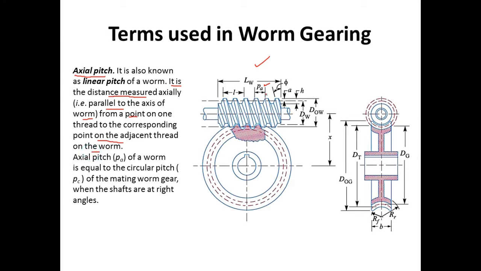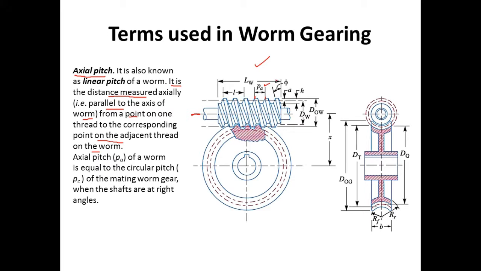So if we analyze it, from this point to the corresponding point of the other thread, this distance which is parallel to the axis of the worm shaft is known as the axial pitch.